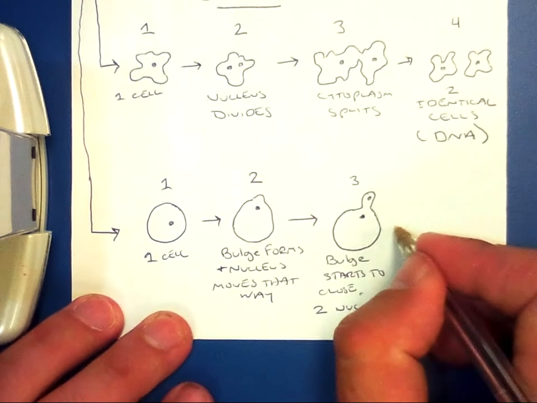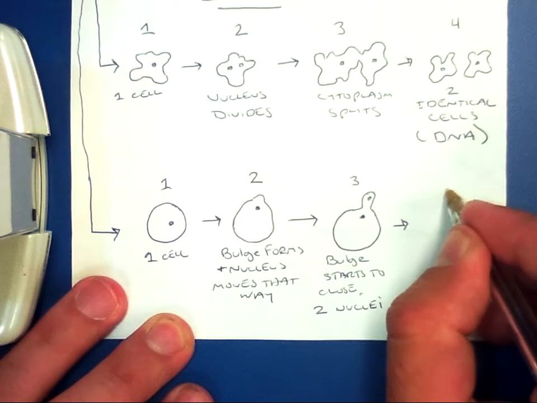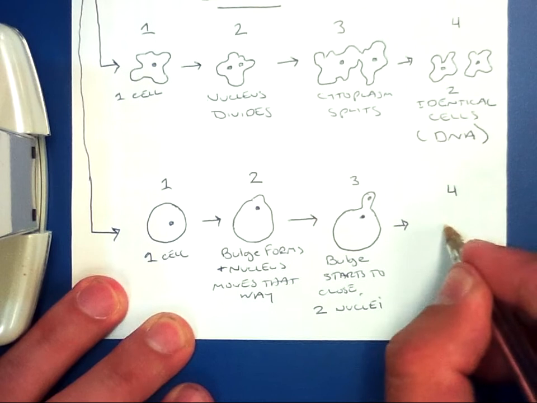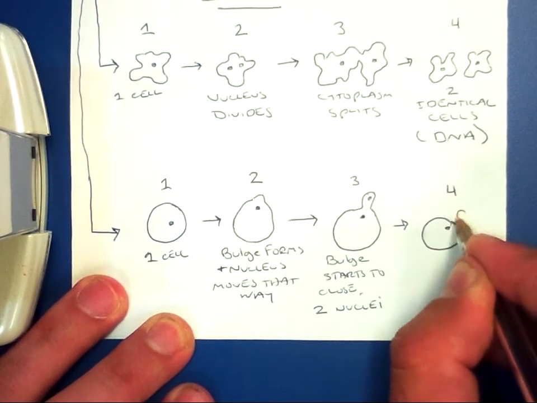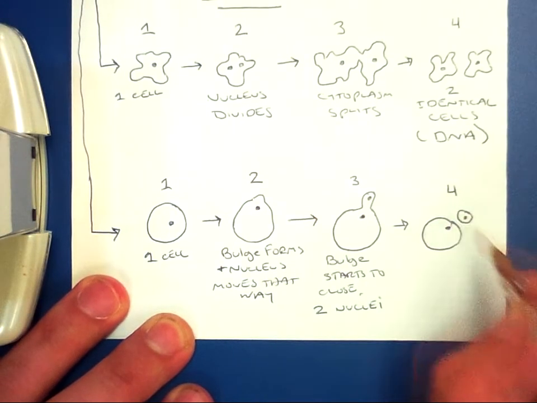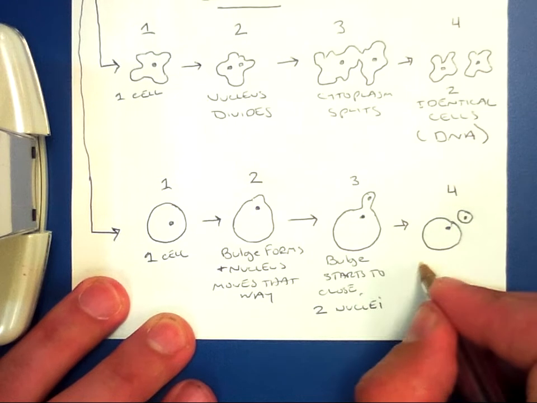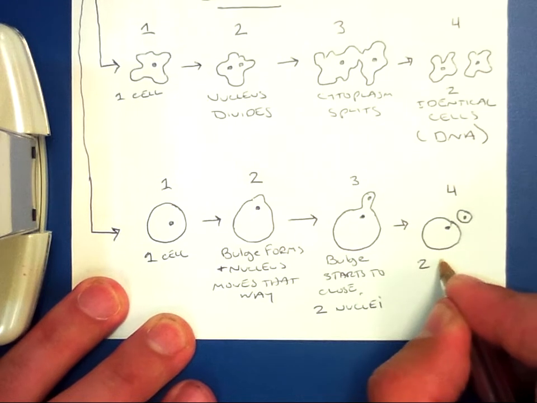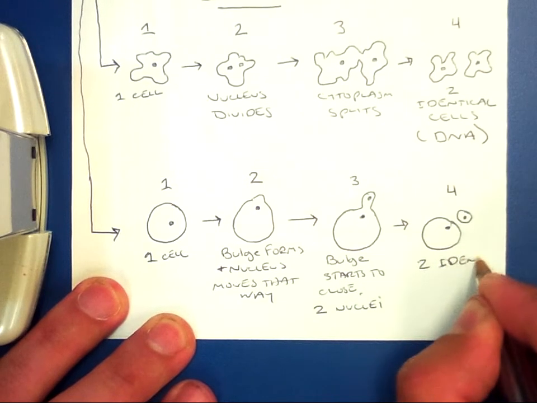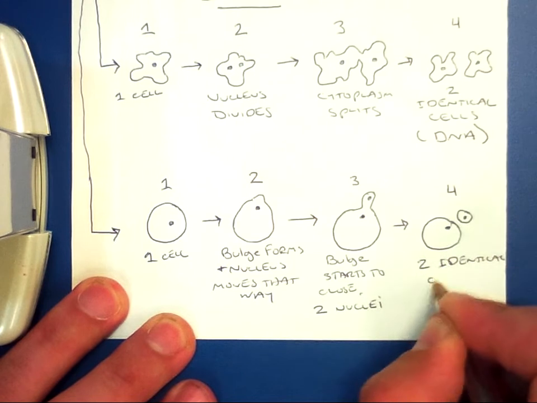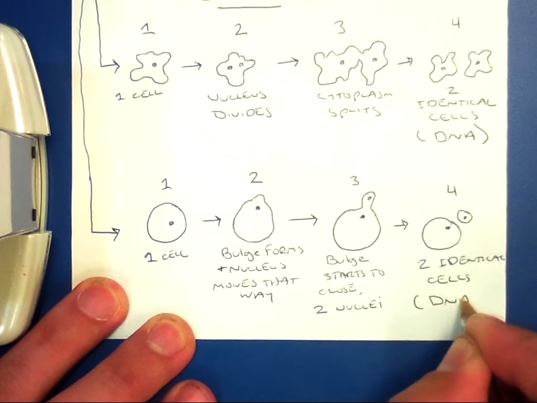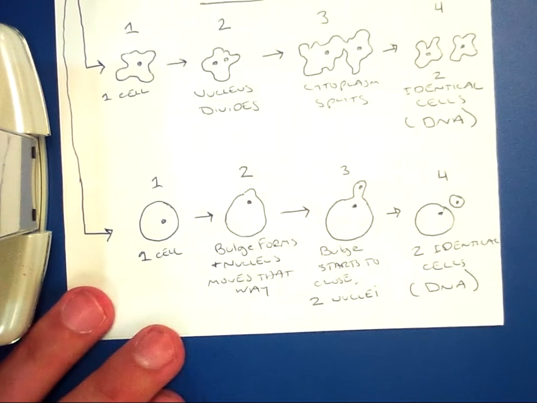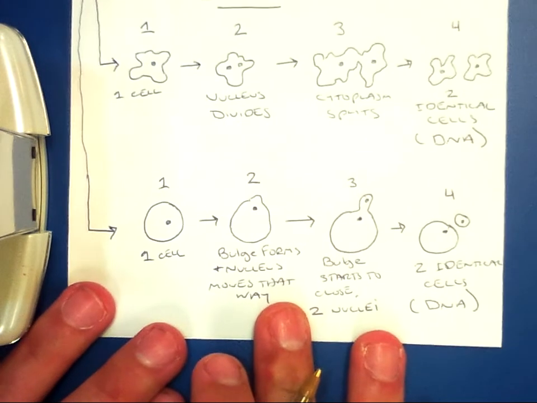And your last step, step 4, is you're going to end up with 2 cells, one big one, one little one, but they are genetically identical. So they're genetically identical, even though one is big and one is small.